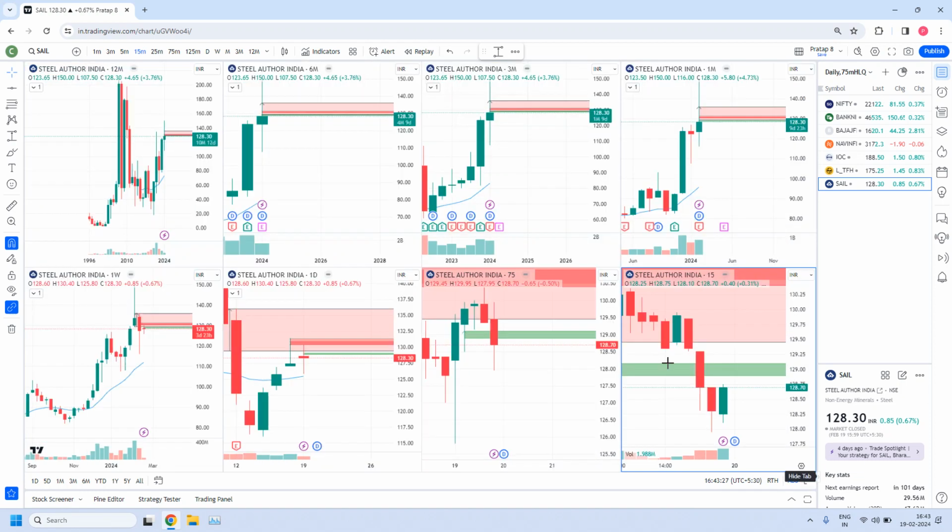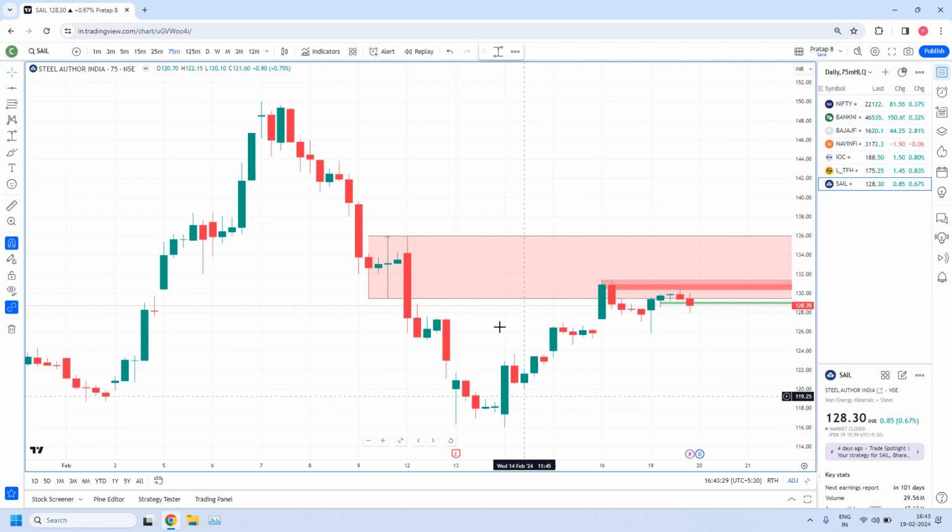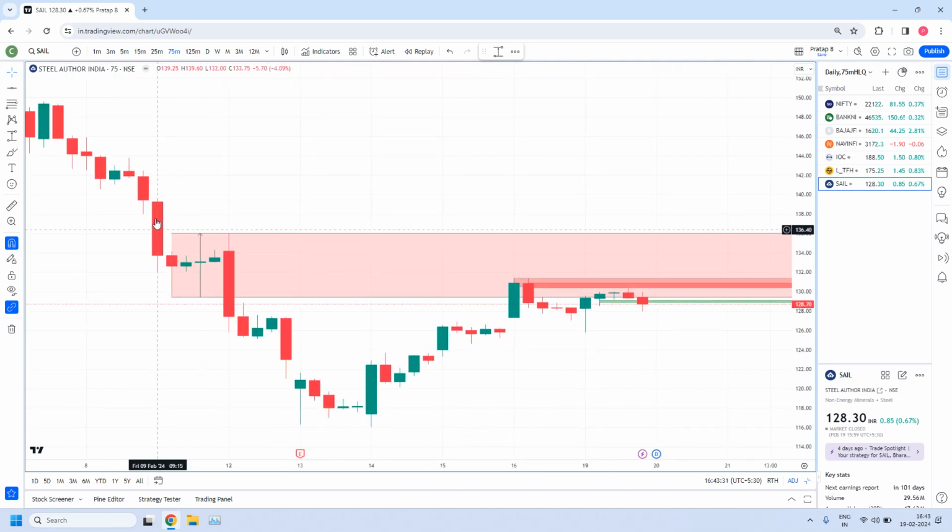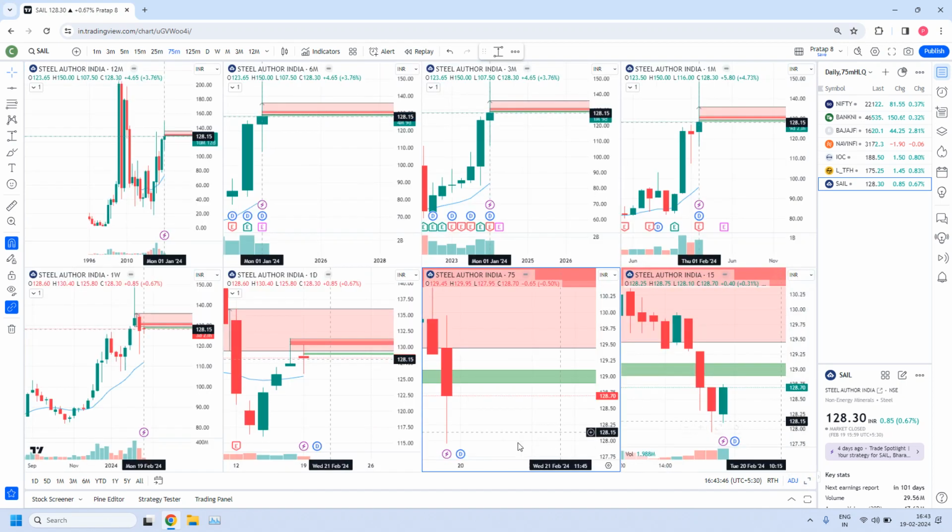This is a 75-minute zone. Let me go to the 75-minute zone. We have a drop candle, 4 base candles. Again, we have a drop candle. That way we have drawn. Actually, this is not a good zone to plan a trade. Why is it not a good zone?